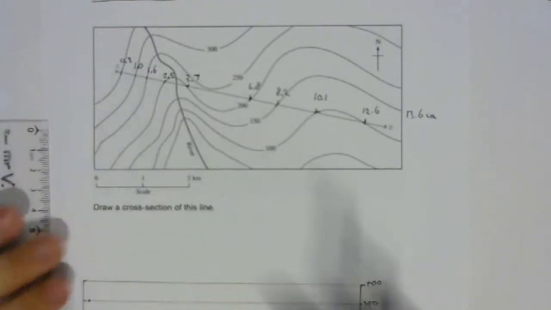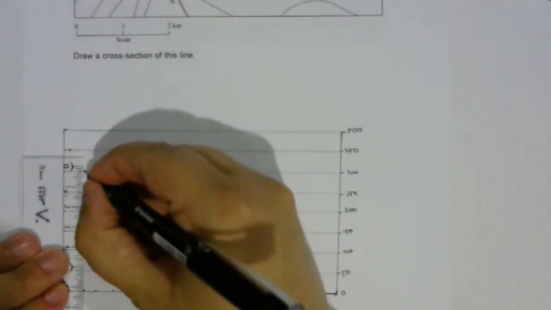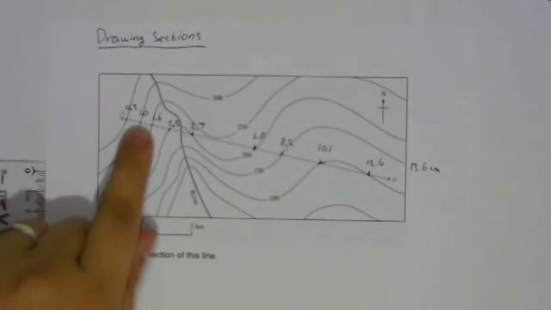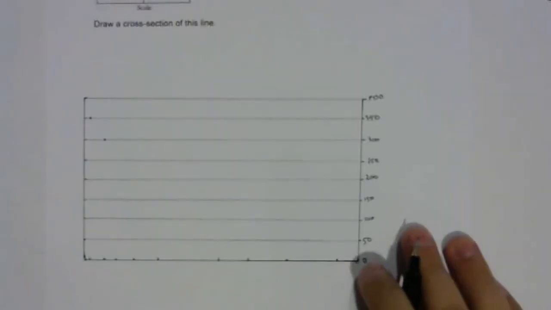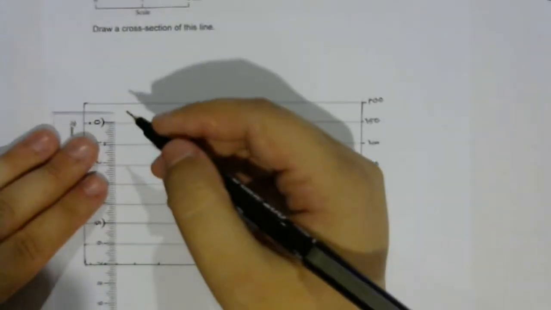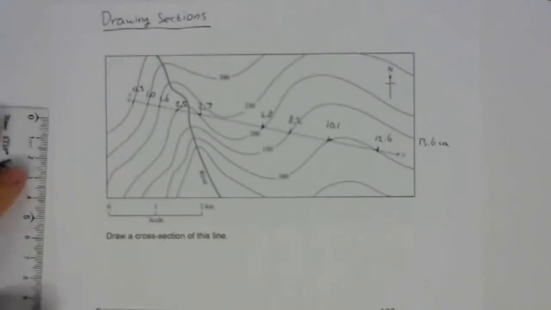The next point is at 1.0 and it's 300 meters high. Next crossover is at 250 meters. Using my ruler again, trying to make this as accurate as possible. The next crossover is at 200 meters.